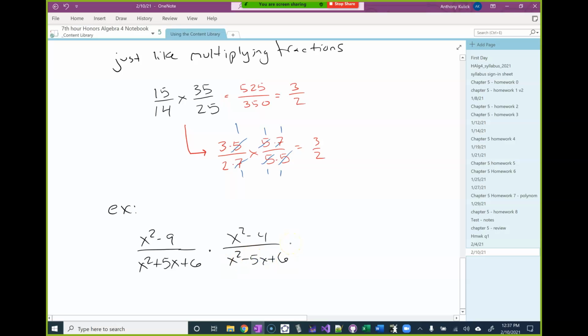So let's say we have x squared minus 9 over x squared plus 5x plus 6, times x squared minus 4 over x squared minus 5x plus 6. First thing I should do is factor. Great. Tell me how they factor.